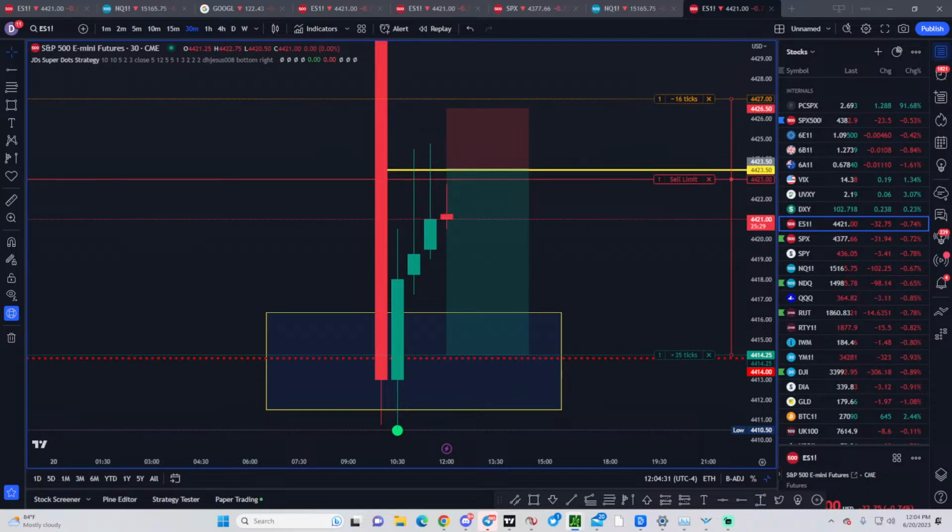There will be plenty of trades. Just a reminder, ES is one time framing up.